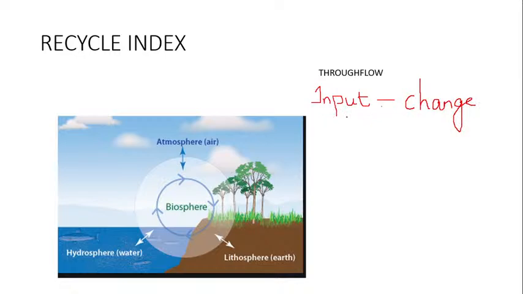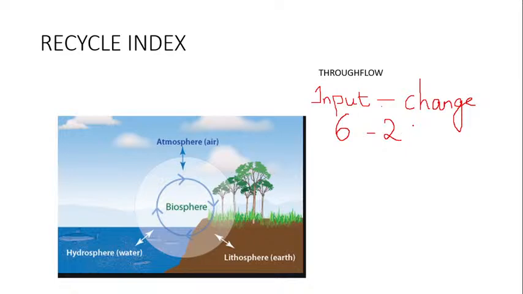So 4 carbon or 6 carbon came. There is a change, that is 2. There were 4, there is a change. So 6 minus 2, that is known as the through flow.